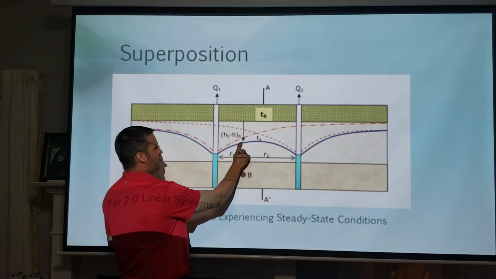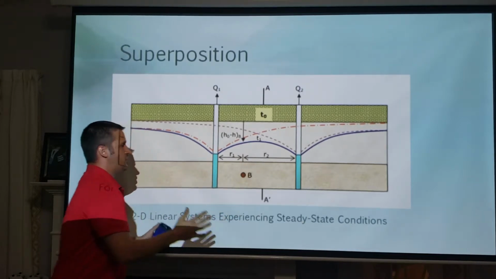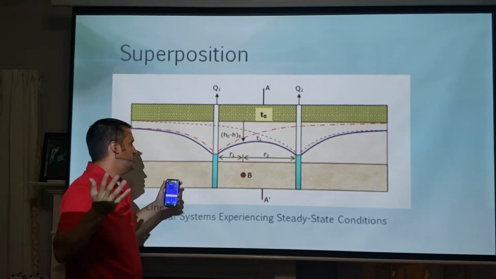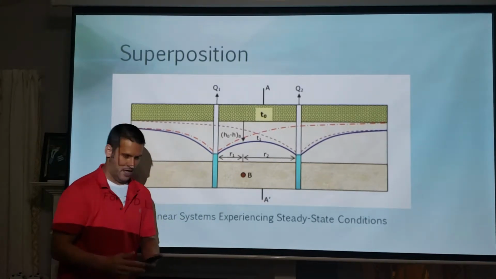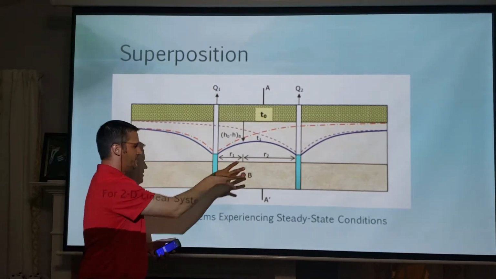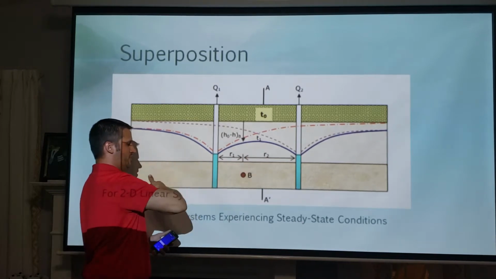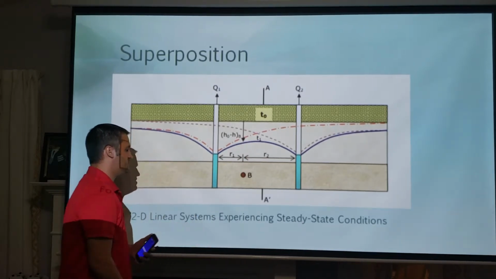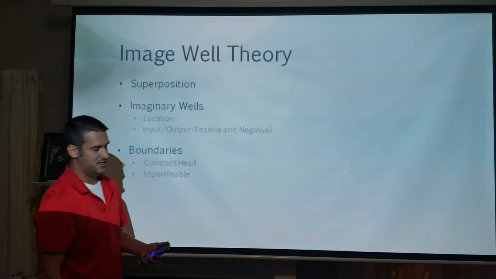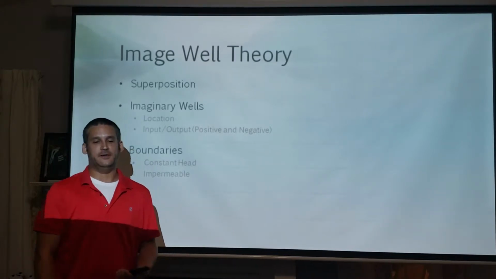So at that point our drawdown is going to be right there due to superposition, and you can use this to solve for really any point at which you're trying to find the drawdown. It's all used the same way. You have all the equations for your R's and for H's, and it works anywhere on this 2D as long as it's a linear system, steady state conditions.